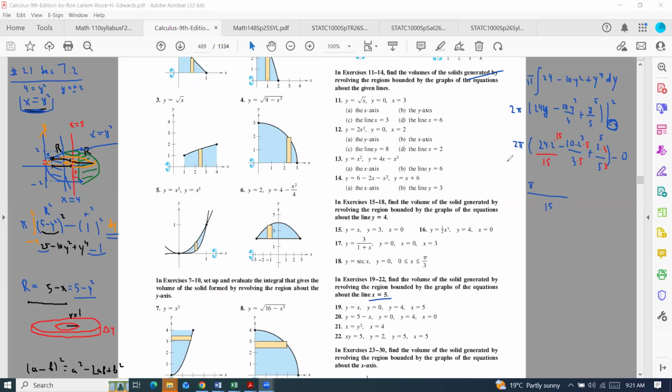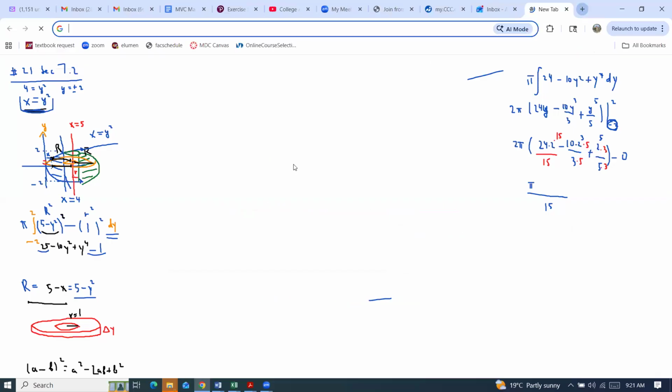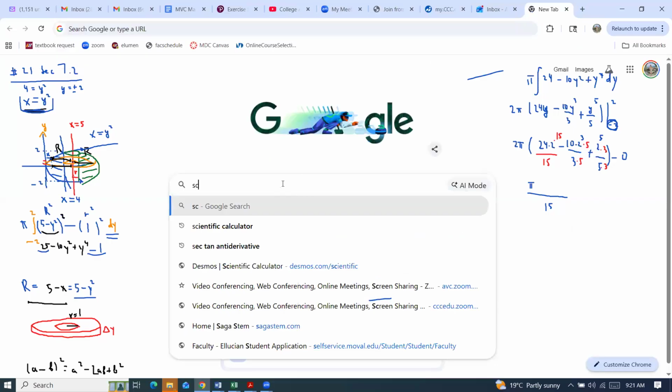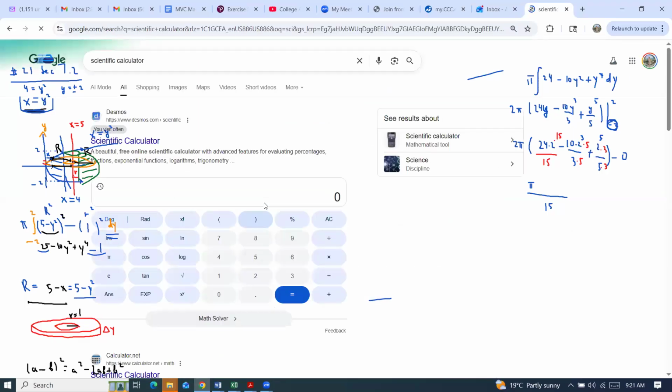So now what I do is go for the calculator, because all that numerator stuff I'm just going to put in the calculator. I don't want to mess up with arithmetic. So, my favorite scientific calculator, and I'll just put in my numerator. I use Desmos. I don't want to use the Google one. It's not very convenient.